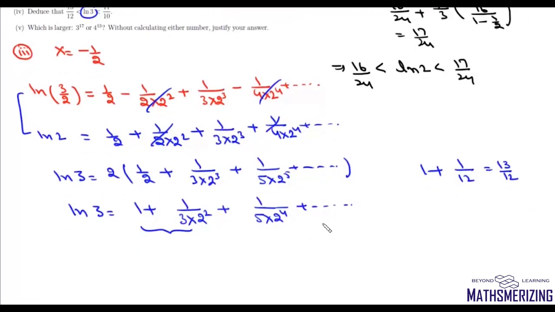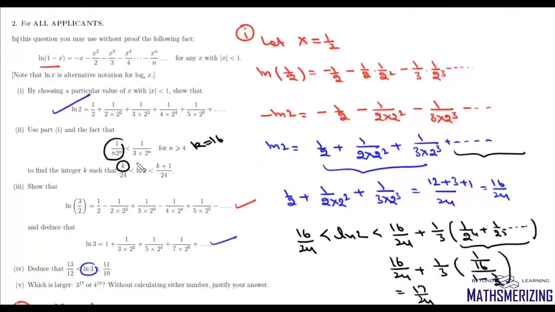And all other terms are positive terms in the series. So basically, this log 3 will be greater than the sum of these first two terms, which is 13 by 12. And it will be less than 13 by 12 plus something.